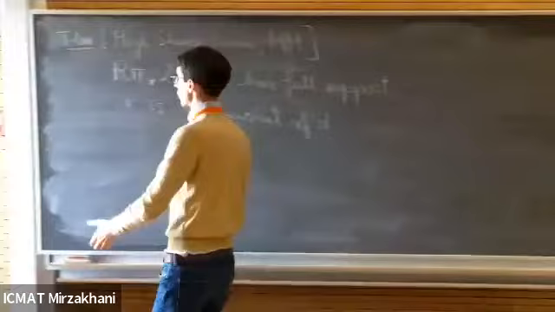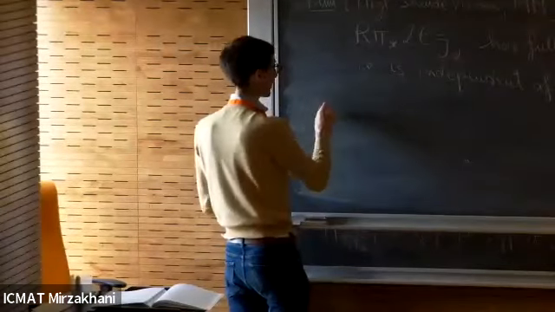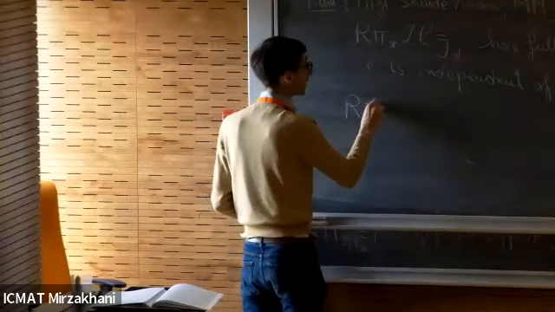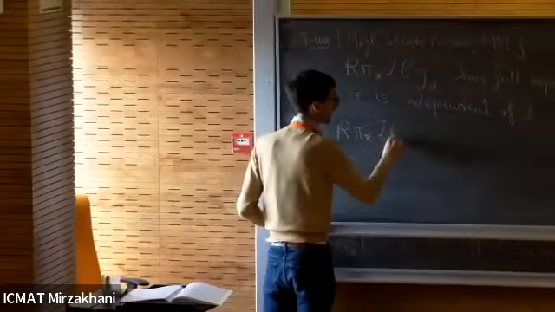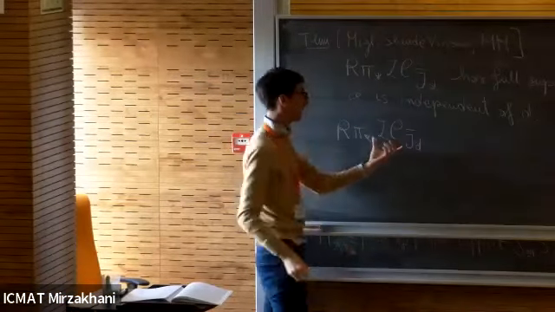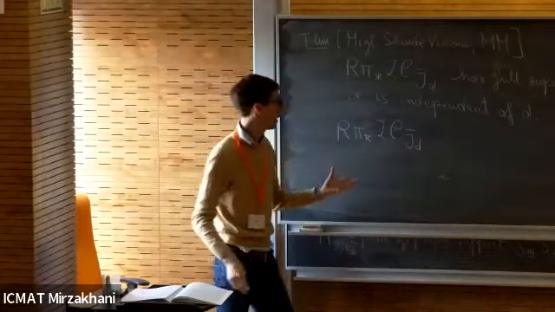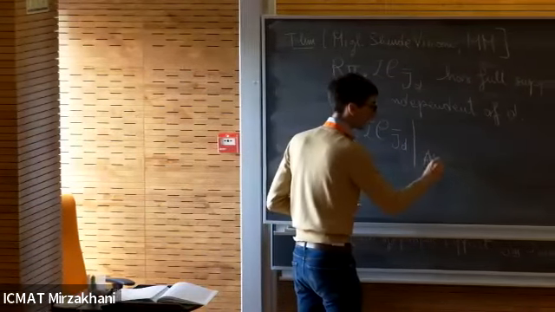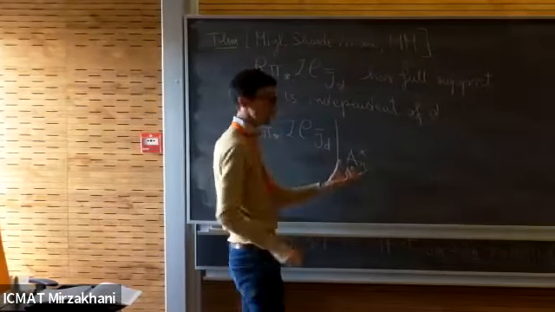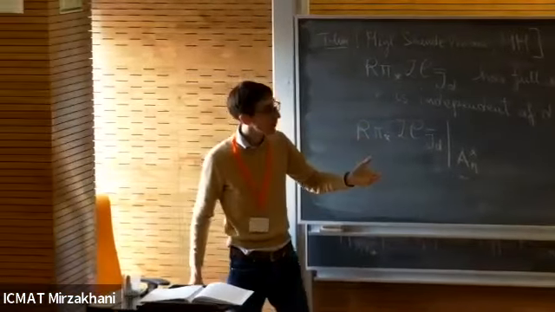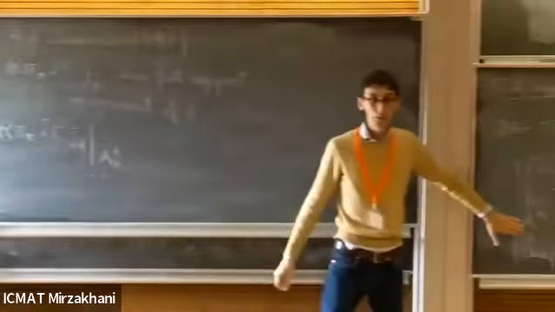Because I used just a proper base change to say that this object is independent of D. If I restrict it to the base of the Hitchin fibration, the classifying map here doesn't depend on the degree.